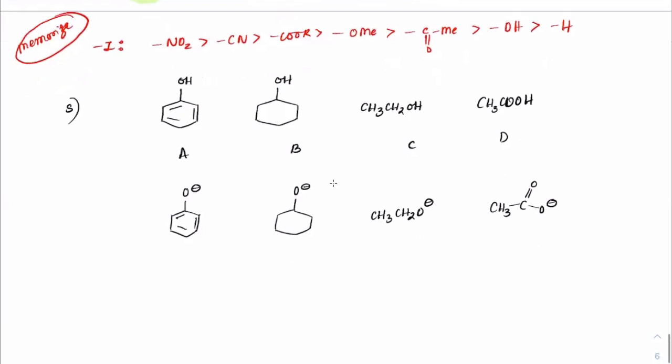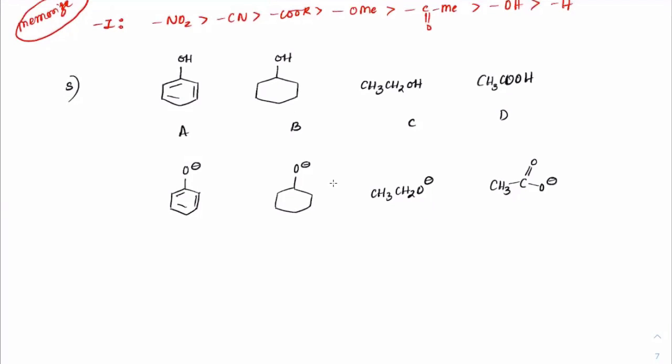See the way we have to compare here. Everybody check this. First, try to compare whether any of them have resonance or not. Now we can easily make out here we will have resonance support, so there is a plus M effect towards benzene, right? And here there is no resonance, no resonance, no resonance.